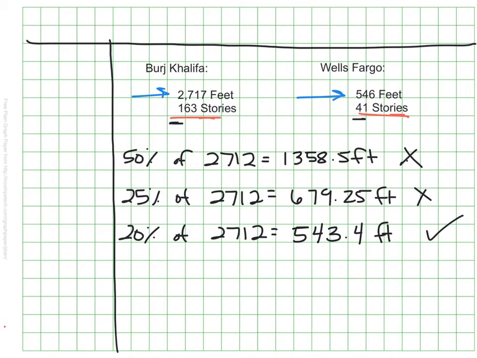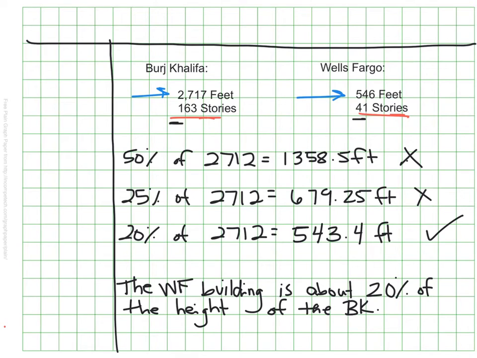That's almost exactly our height. As a result, I can say that the Wells Fargo building is about 20% of the height of the Burj Khalifa. And here now I have written a comparison statement using a percent.